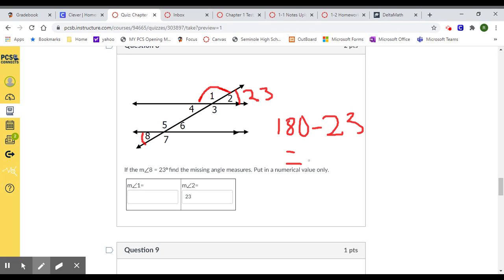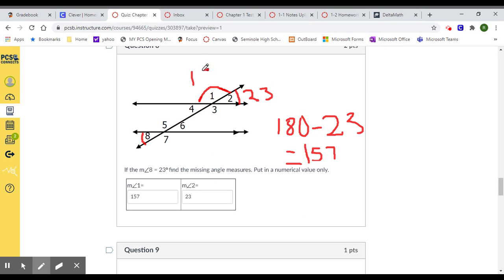So 180 minus 23 is 57 degrees. Let me check that. That actually is incorrect. I meant 157, obviously. 157, not 57. Left off the 1.